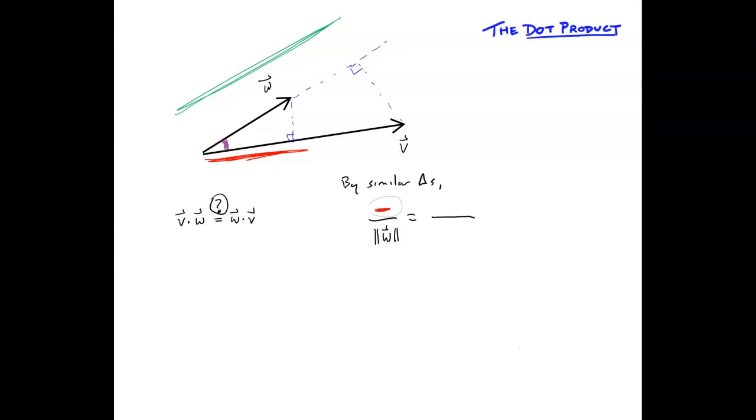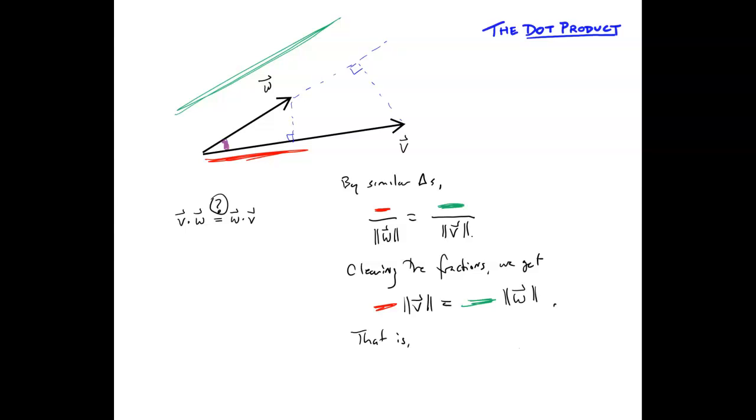First, we were looking at the leg adjacent to the purple angle, which in terms of the big triangle is the green side, and then we were looking at the hypotenuse. And the hypotenuse of the big triangle is just the length of v. Well, if we clear the fractions in this case, we get the red stuff. This is very careful mathematical notation, you understand. The red stuff times the length of v is the green stuff times the length of w. That is, what is that stuff on the left?